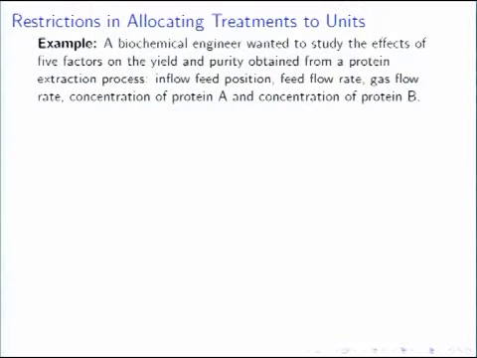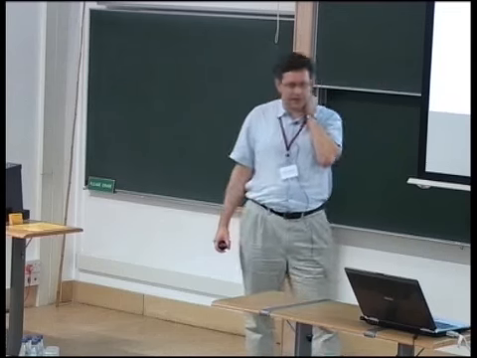So, when we're talking about multi-stratum structures, as I said, they typically arise when there are some sets of experimental units which must receive the same level of some treatment factor. So here's an example, an experiment which I think was one of the first that motivated me to get into this area.